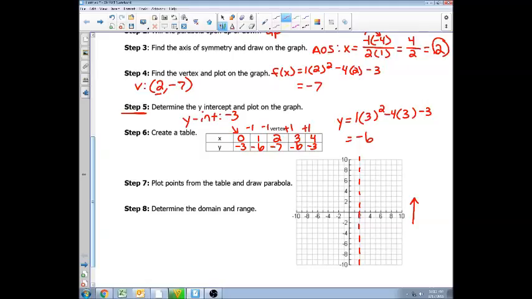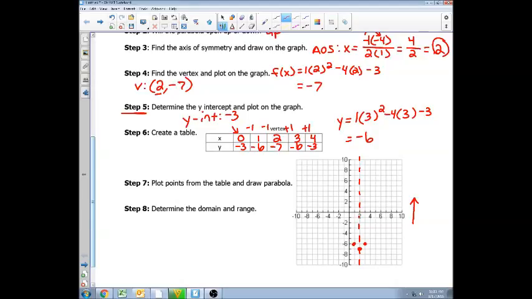My vertex was at (2, -7), so I want to plot a point at (2, -7). There's (2, -7) right there. The next point is going to be at (3, -6). Well, 3 is one spot to the right of my 2, okay? So -6 from there will be right here. Remember that this should be the same on both sides, so I can just come over one spot and plot that point.